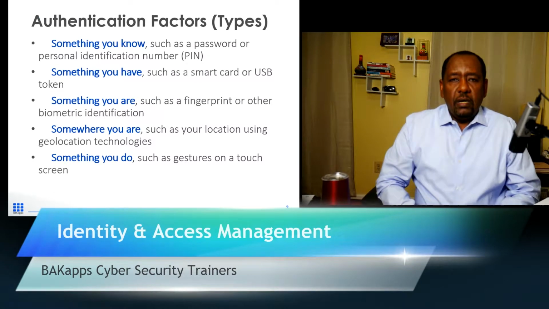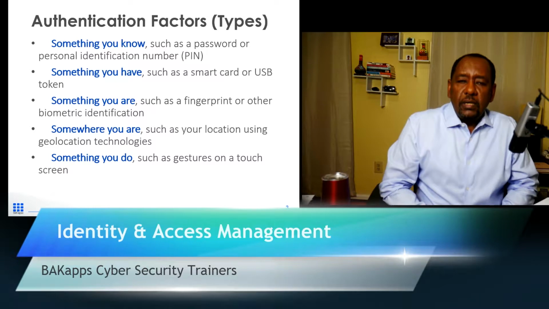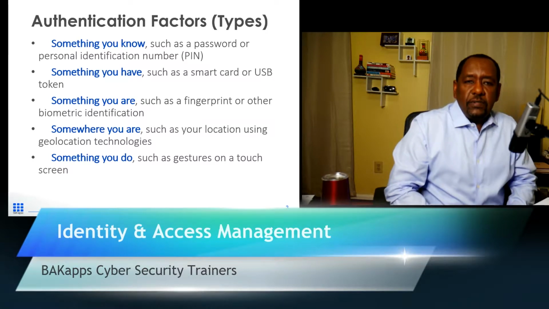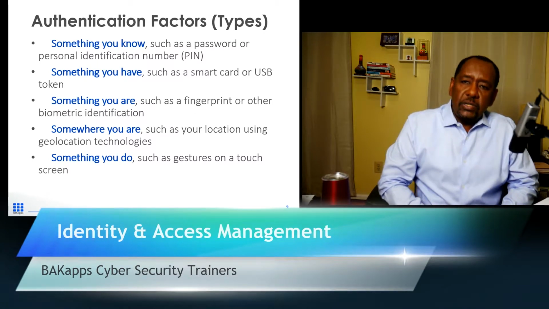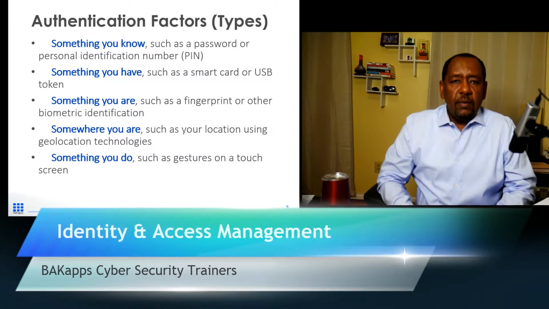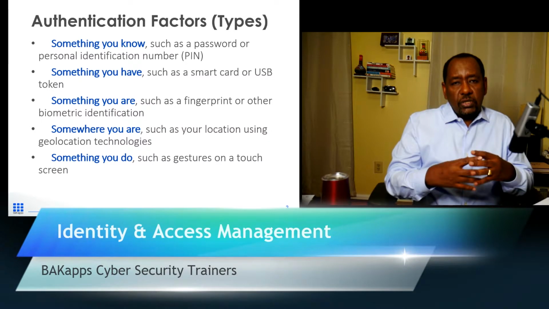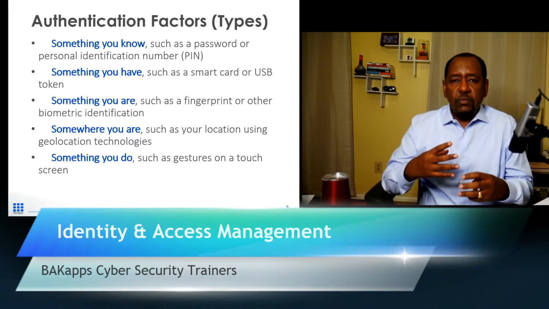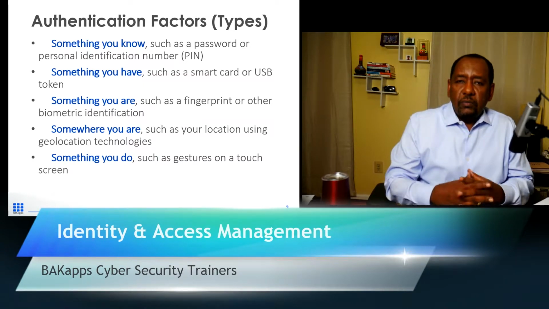Then we need to look into the authentication factors, or types of authentication. There are about five different kinds of authentication. Those are the major authentication types, and we call them authentication factors. Sometimes we use just one authentication type, and sometimes we can use more than one. We call that multi-factor authentication.